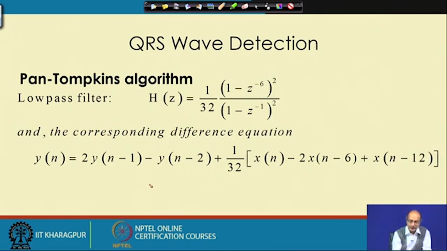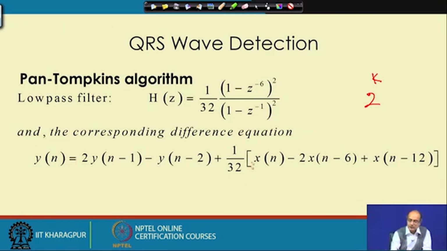For the IIR filter, if you look at the weights, all of them are powers of 2. Okay. Either this power k is positive or it is negative.